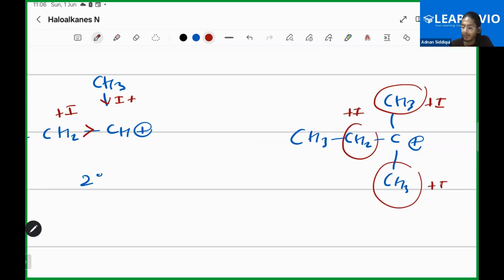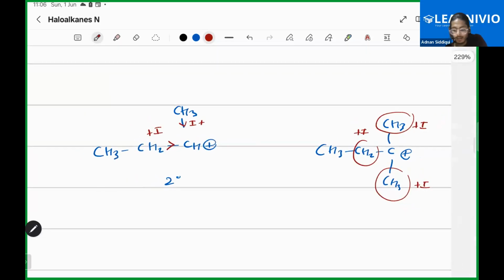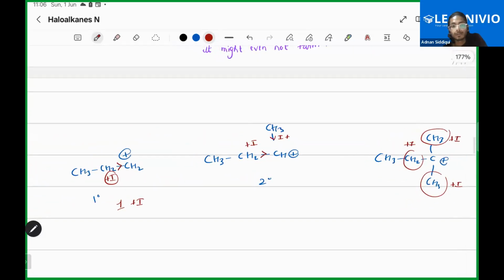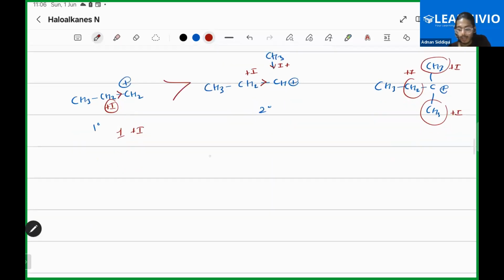Out of these three, which carbocation should be the most stable? The 3 degree carbocation. Why? Because it has three friends trying to help him. In 2 degree, it has only two, and for 1 degree, only one. So the most unstable carbocation is the 1 degree carbocation. 3 degree is most stable, then 2 degree, and then 1 degree.